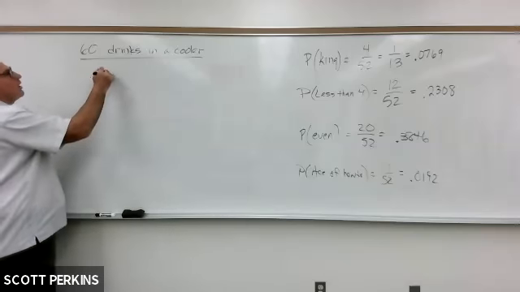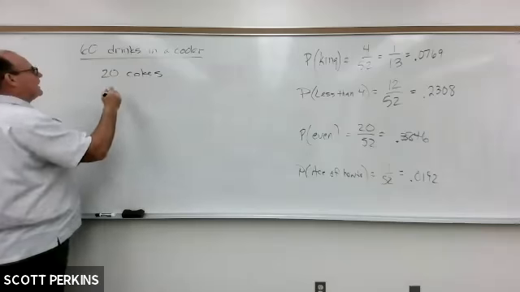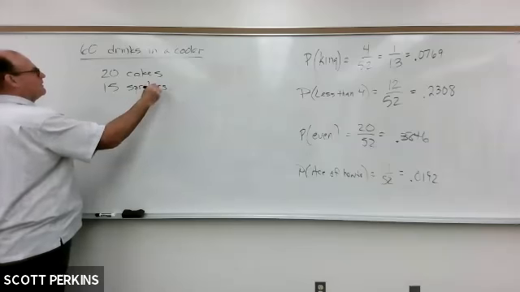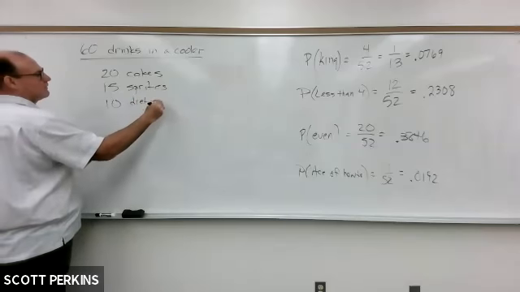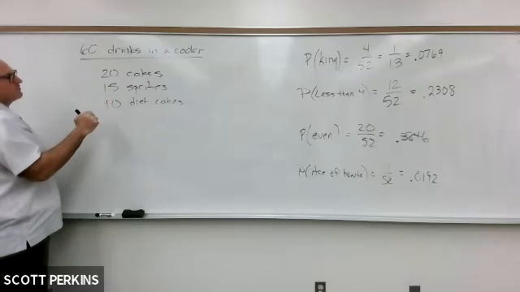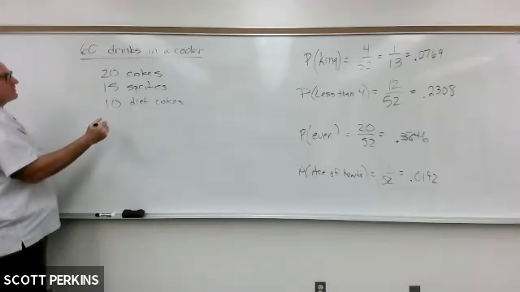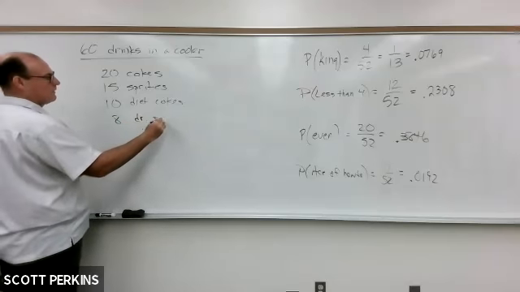I know that there are 20 Cokes. I know that there's 15 Sprites. I know that there's 10 Diet Cokes. So it's 20, that's 35, that's 45. And then there's going to be 8 Dr Peppers.